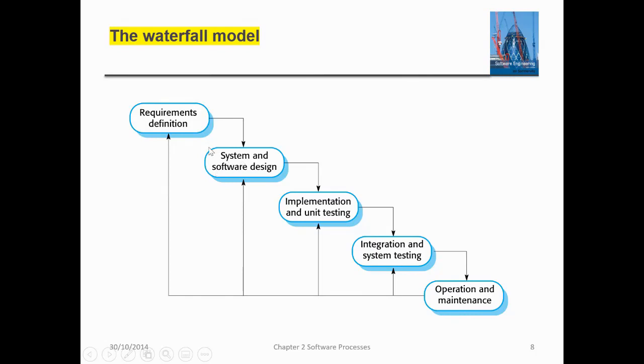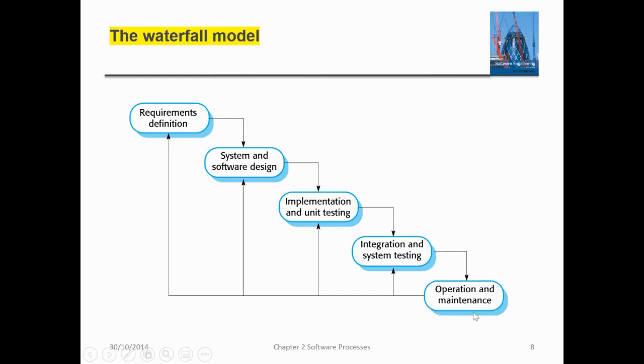Notice how these arrows coming back are really only coming back from operations and maintenance. Obviously, if they find some humongous flaw in the middle of implementation and testing, the process could be cut short. But in general, the idea is that you're going through this whole process.